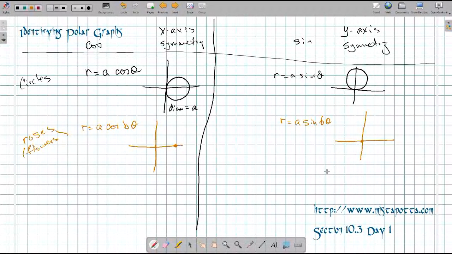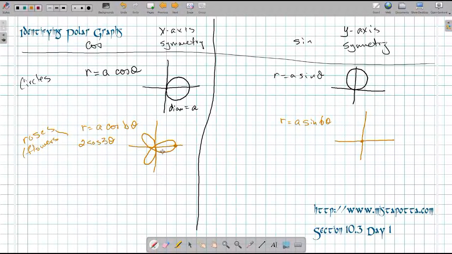But I know that sine of 0 is 0, so all of my flowers in the form of sine start at the origin. So if I was to have something like 2 times the cosine of 3 theta, then I'm going to trace out three petals, and each of these petals are going to be symmetric with regards to each other.